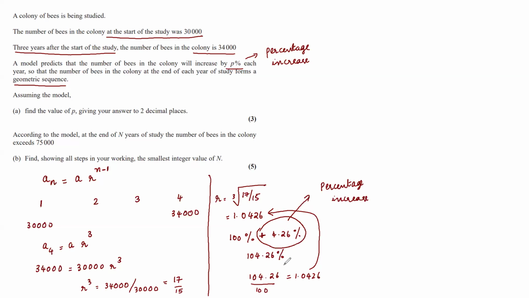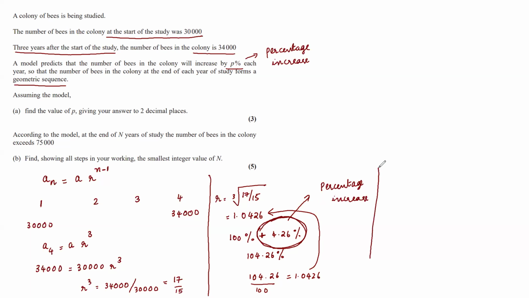That is 104.26 percent. How do we convert it into decimal? Divide by 100. 104.26 divided by 100, you will get 1.0426. That is the common ratio. So after every year, there will be a 4.26 percent increase. That will be the value for P.